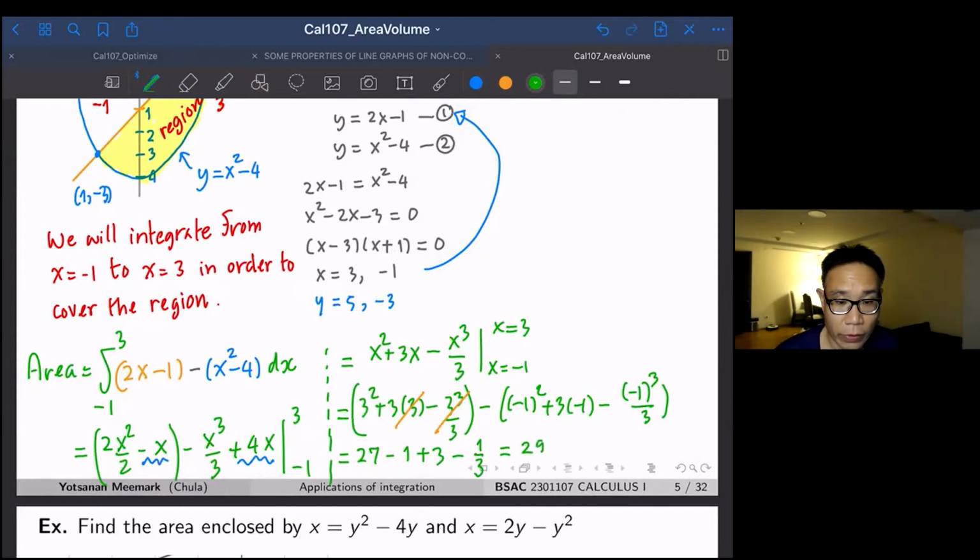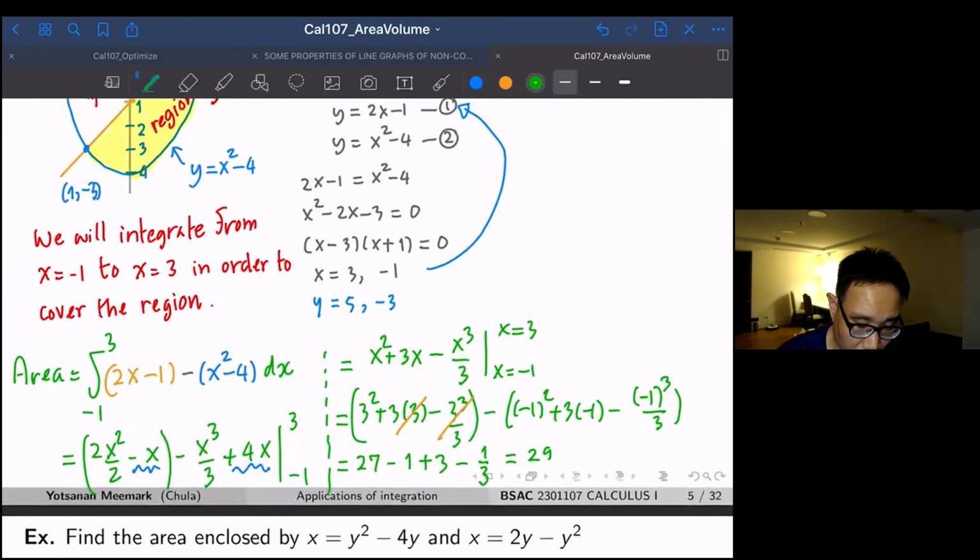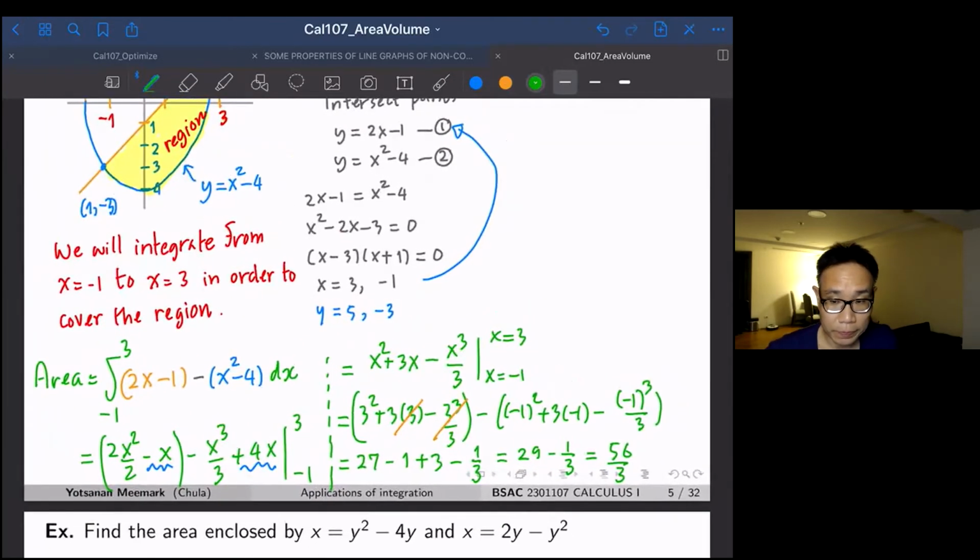So this would give you 29 and -1/3. So how much do I have? I have 57, so it's going to be 56/3 for my final answer. So this is the solution.